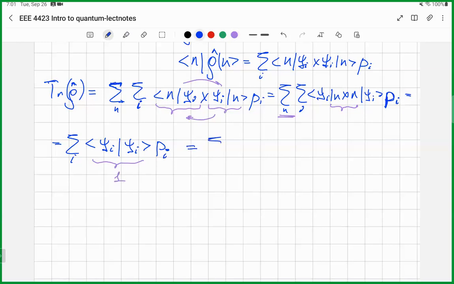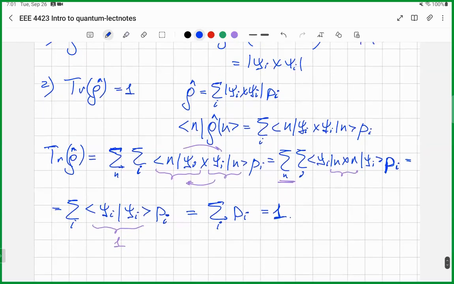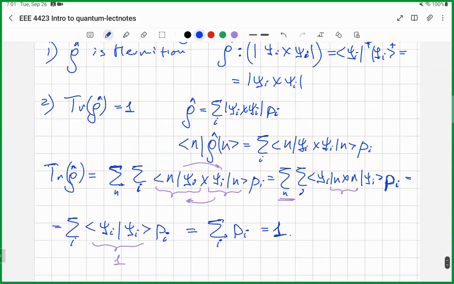And I came to the conclusion that the trace of the density operator is given by the summation of all probabilities p_i, which is equal to 1 by definition of probability. So the trace of the density operator is equal to 1.